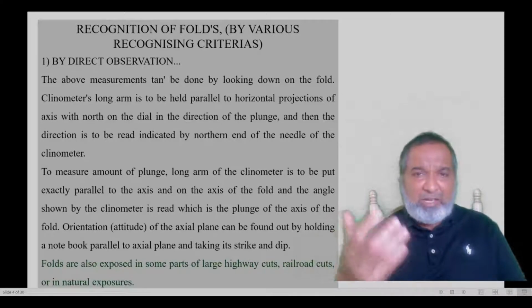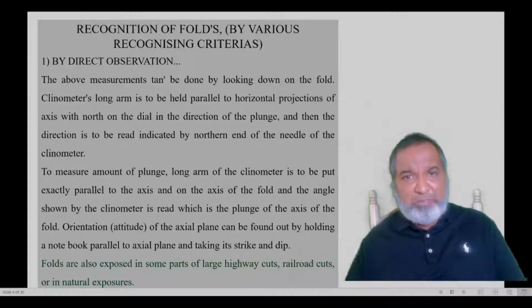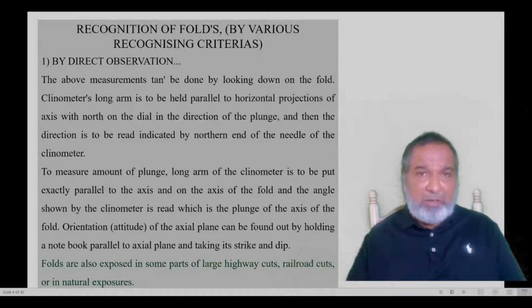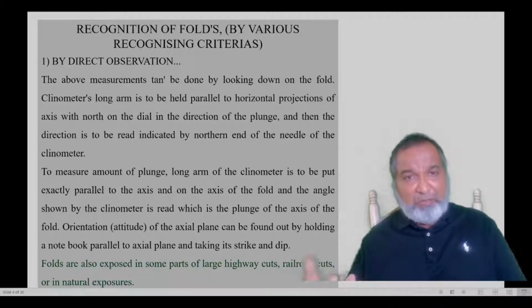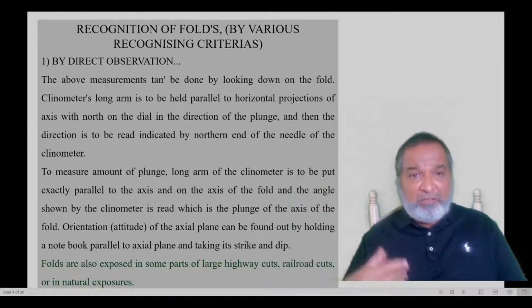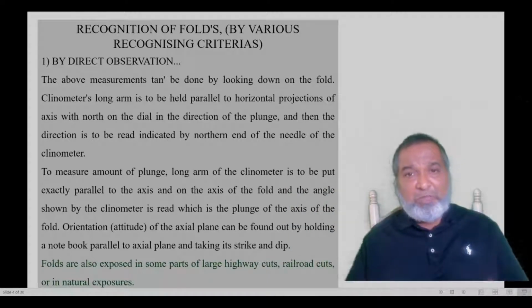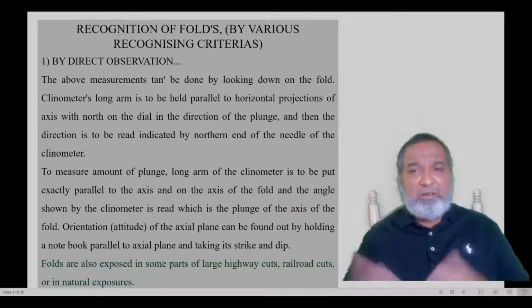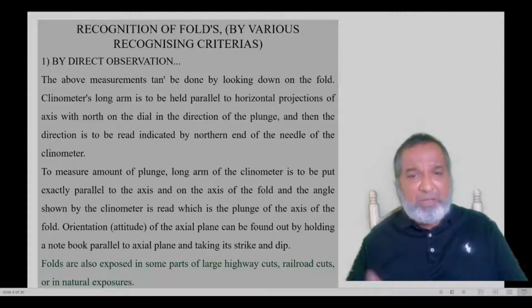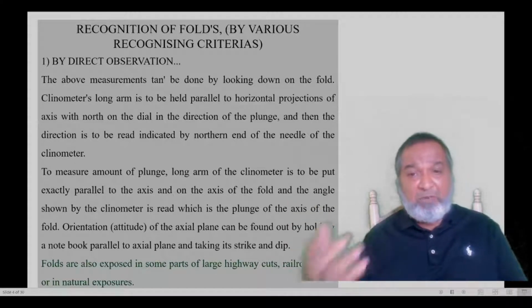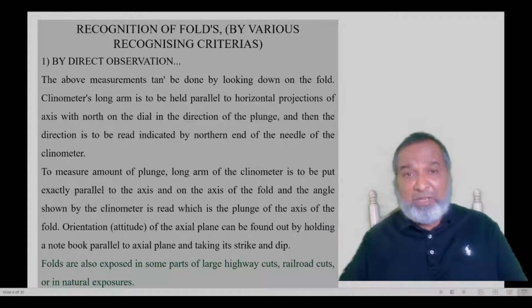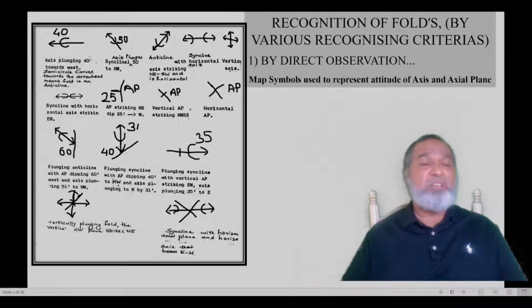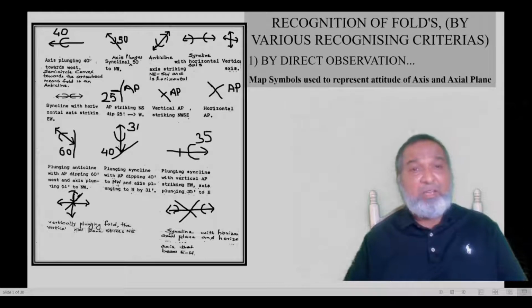Slowly we got the hand lens, and nowadays we have GPS and drones. We can send a drone with remote sensing and sit at one place and find out what is there. Technology has been developing and the field work has become easier, but the interpretation is still very important.